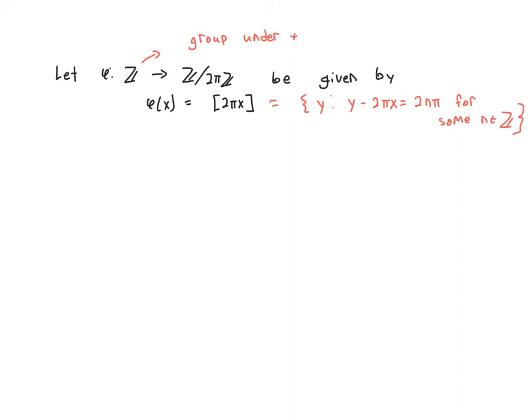It is not hard to see that this is a homomorphism. Phi of x plus y, where x and y... Oh, these shouldn't be the integers. This should be the real numbers. Sorry, let me fix that real quick.